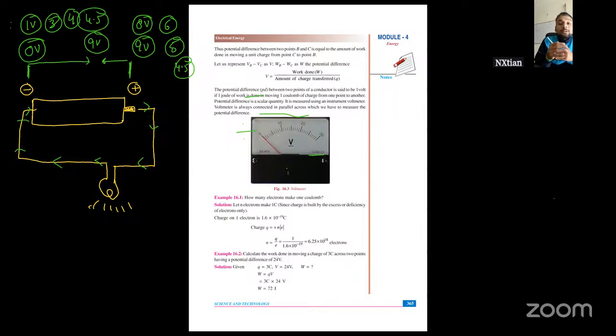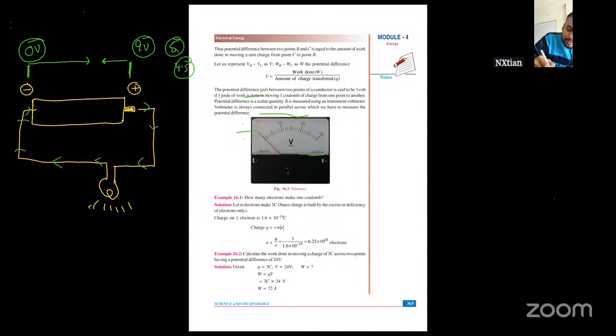The potentials which were the same will again make a potential difference of 9 volt, and the cell will start working again. Understood? This is how the cells work.